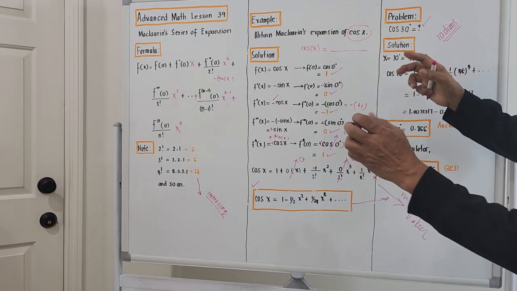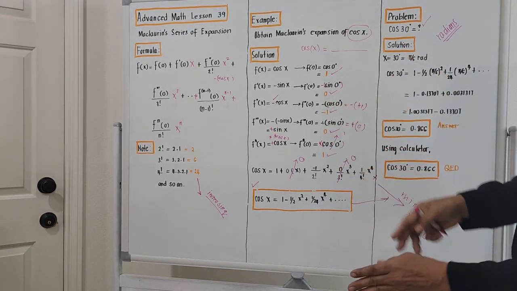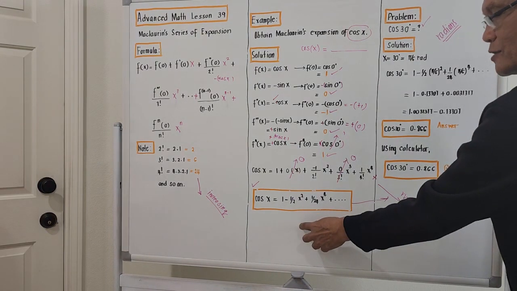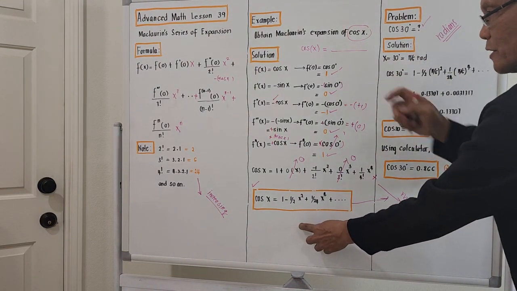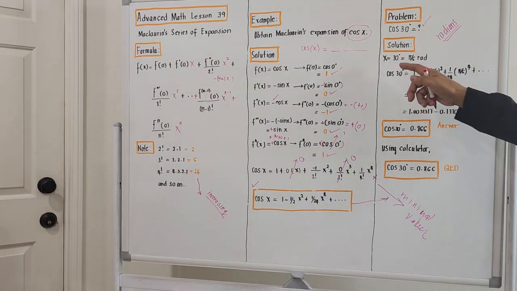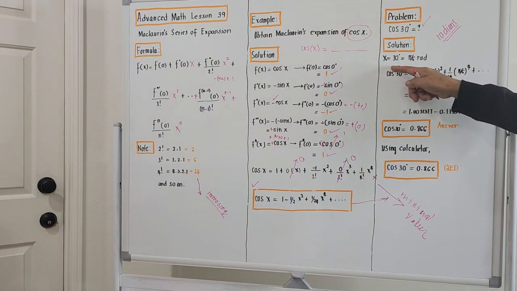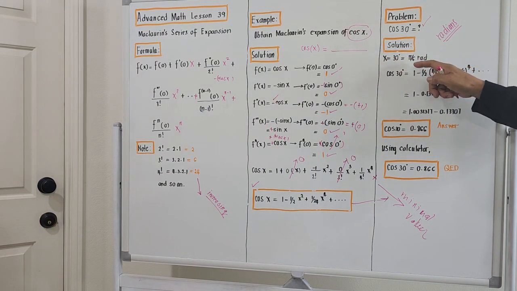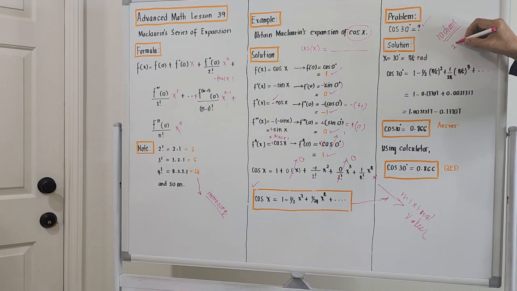If the given angle is in degrees, before you place it in the Maclaurin equivalent, it should be converted to radians. So x is equal to 30 degrees, or actually pi over 6 radians, because 2 pi is actually 360, and pi is actually 180, we divide this.